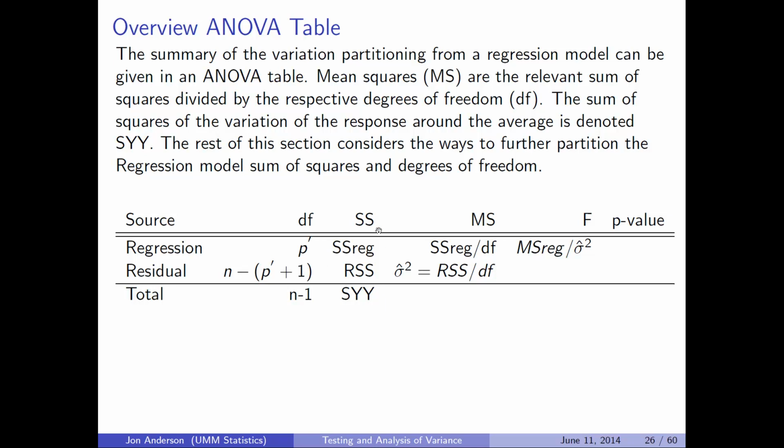And that's the sum of squares column. The mean square column is just the corresponding sum of squares entry divided by the appropriate degrees of freedom. And then the overall F-test can be constructed by taking the mean square for the regression row and dividing it by the mean square for the residuals, and that will give us an overall F statistic and p-value.